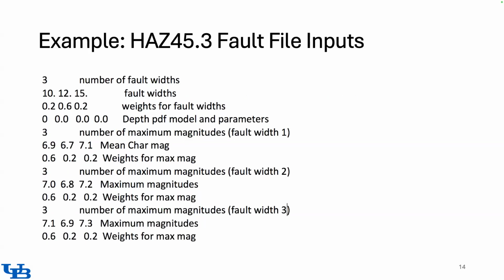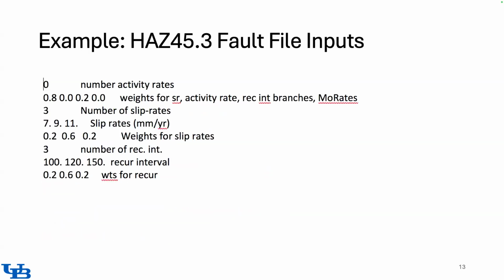Wait, I confused. We were here. So the activity rate that you define, if you remember with what you did, that goes with the minimum magnitude, right? So here you will not assume a single magnitude, but a full distribution. So the activity rate will be with the minimum. The distance is not associated with a fault because the distance is the distance between the site and the fault itself.